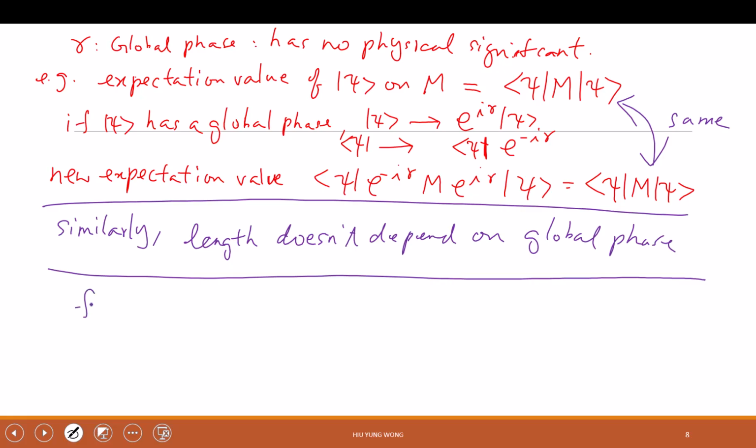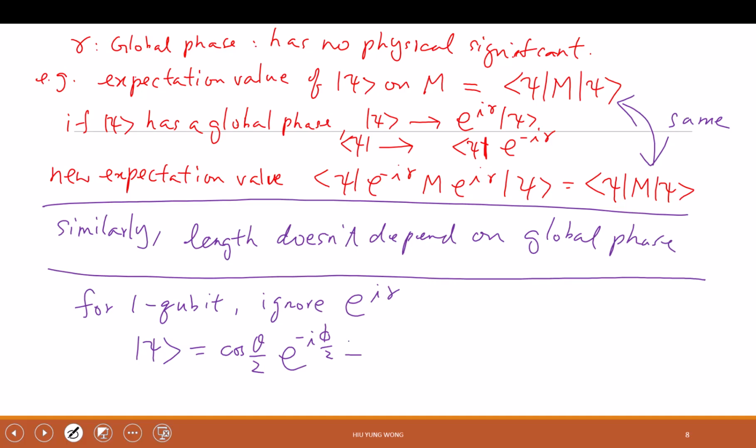Okay, so then what does it mean? For 1 qubit, we ignore e to the power i gamma. We can write it as cosine theta divided by 2, e to the power negative i phi divided by 2, |0> plus sine theta divided by 2, e to the power i phi divided by 2, |1>.